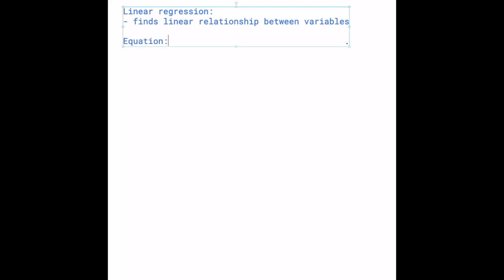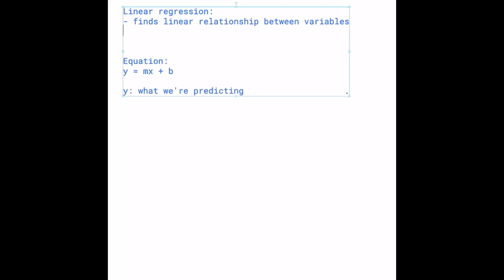You probably know this equation, which is y equals mx plus b, which is used for any type of linear graph. Here y represents what we're predicting.